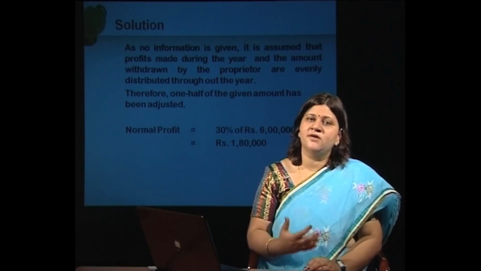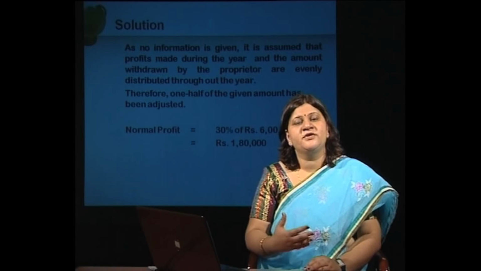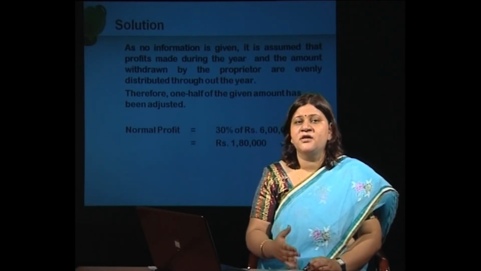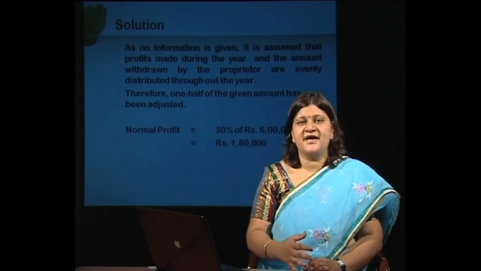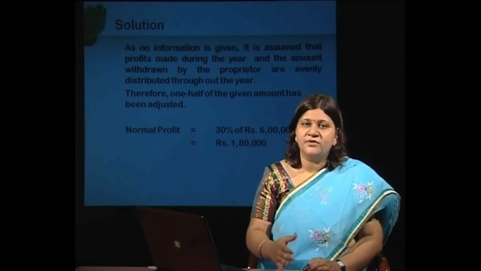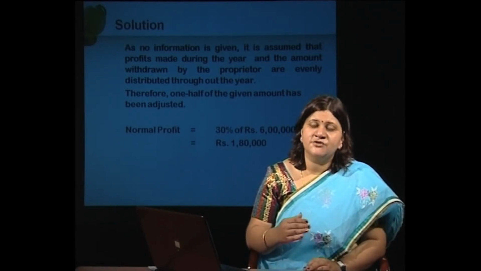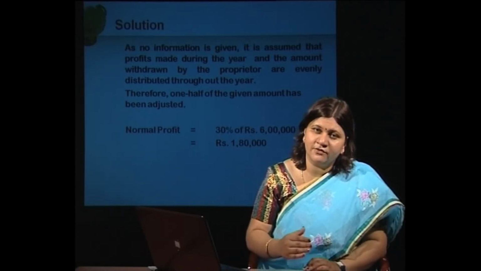Now, one question comes to our mind: what is the requirement of normal profit for computation of goodwill? We have said that it is one of the important factors to value the goodwill. The requirement of normal profit is that we need to compute the super profits on the basis of normal profit, and the super profit method is one of the important methods to compute the value of goodwill.